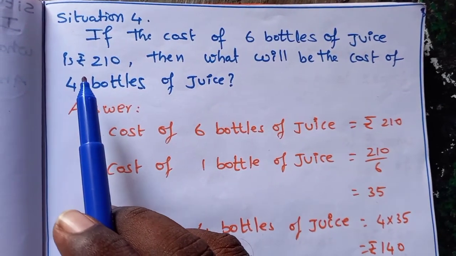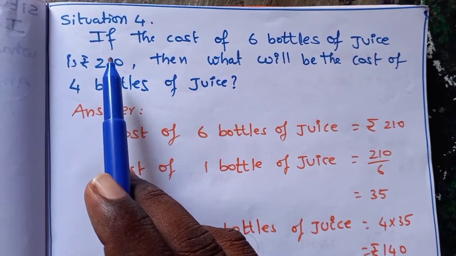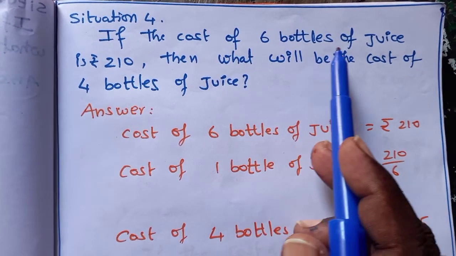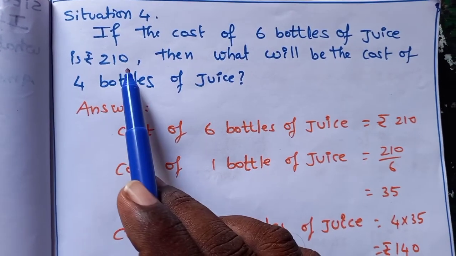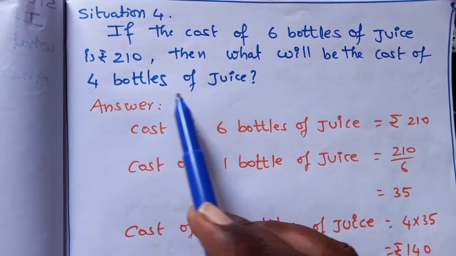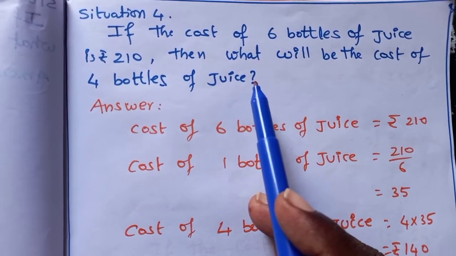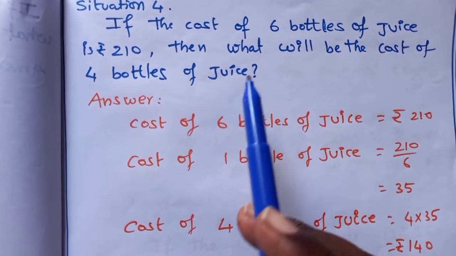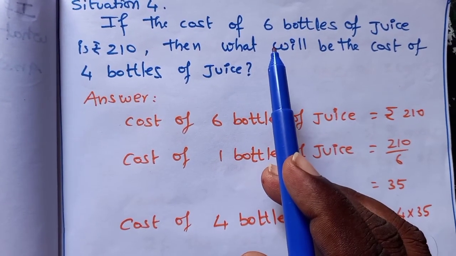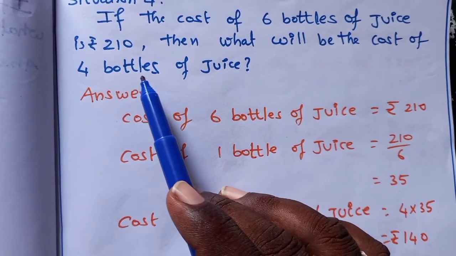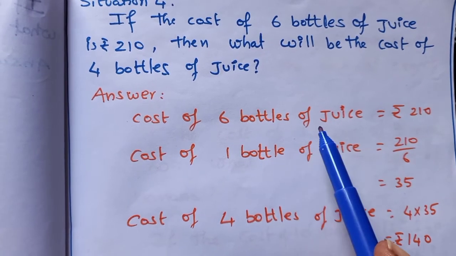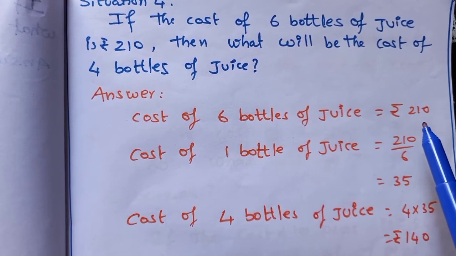Now we will see another situation. Suppose you go to the juice shop, and the cost of 6 bottles of juice is equal to 210 rupees. What will be the cost of 4 bottles of juice? Here also we are using the unitary method. First we have to find the cost of 1 bottle of juice, later we will find the cost of 4 bottles. Now answer. The cost of 6 bottles of juice equals 210 rupees.